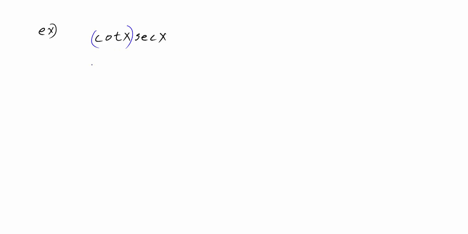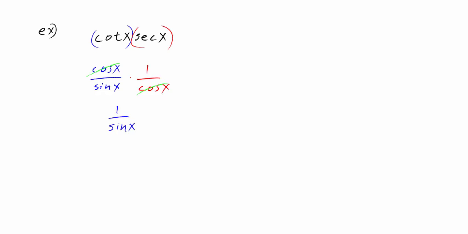So if we look at the cotangent, we could use the quotient identity, which would be cosine x over the sine of x. And then for the secant, that's the reciprocal identity, so that would be 1 over the cosine of x. And then we can clearly see that we have a cosine on top, which will cancel the cosine on the bottom, and we're left with 1 over sine of x.